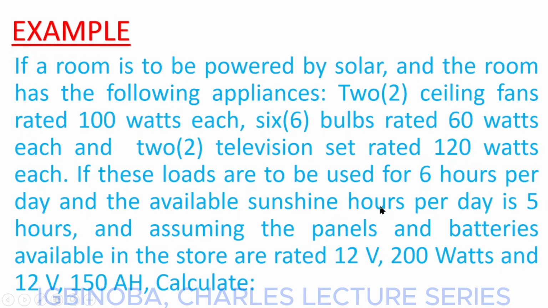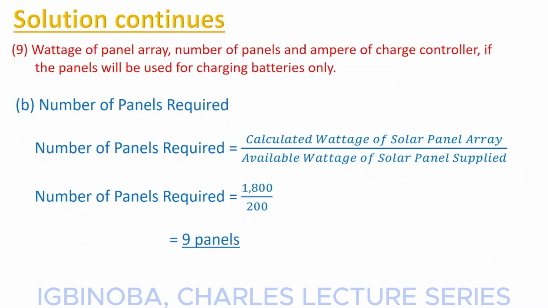This simply means that the number of hours you can have the sunlight available to use is 5 hours. It varies from location to location. In some locations you can have up to 6 hours sunshine per day, in some you can have 4, depending on your location. But for this particular question, we are taking 5 hours per day.